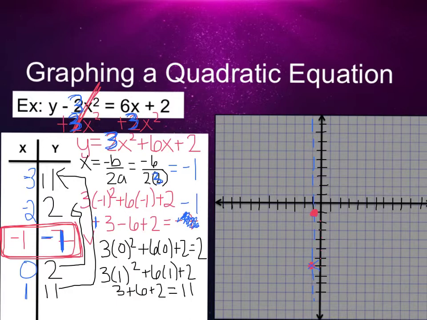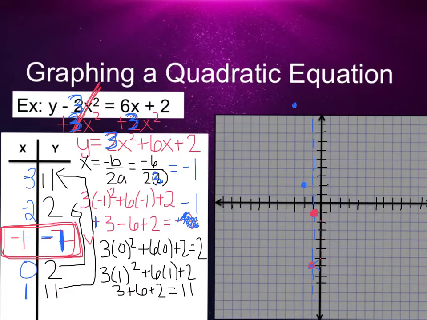Okay, so now let's go ahead and plot the points. We have -3. So -1, -2, -3, and 11. 1, 2, 3, 4, 5, 6, 7, 8, 9, 10, 11. Oh, it goes right off the graph, but that's okay. We'll make the graph work for us. And then -2, 2.